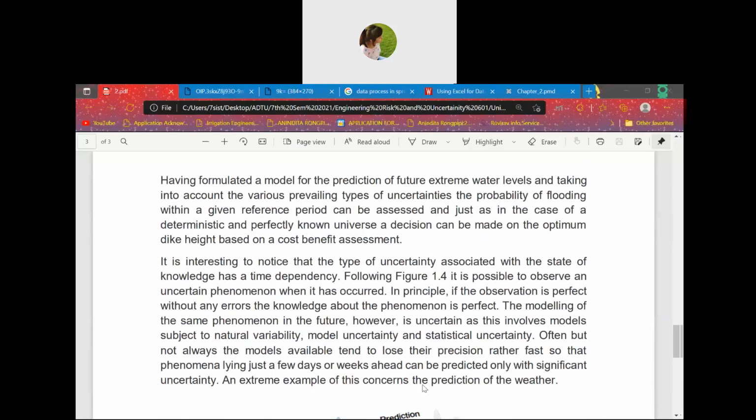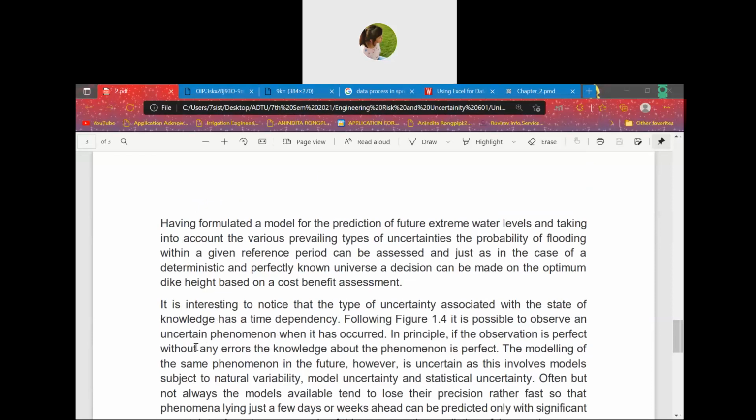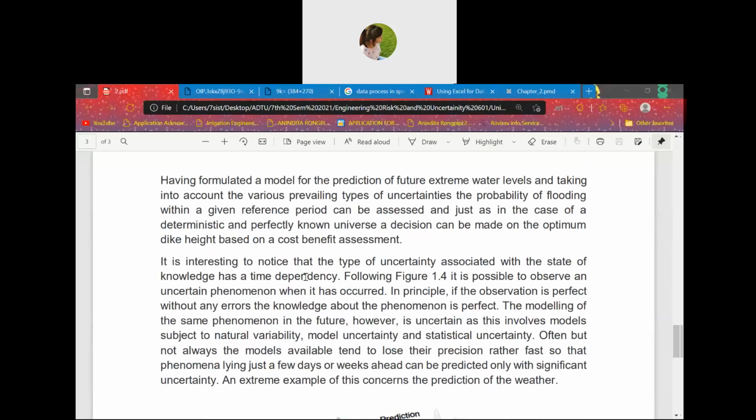In principle, if the observation is perfect without any errors, the knowledge about the phenomenon is perfect. The modeling of the same phenomenon in the future, however, is uncertain as this involves models subject to natural variability, model uncertainty, and statistical uncertainty.